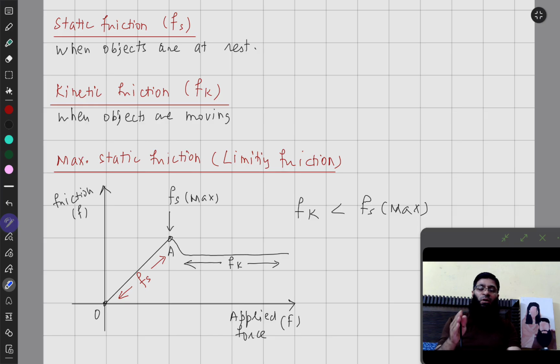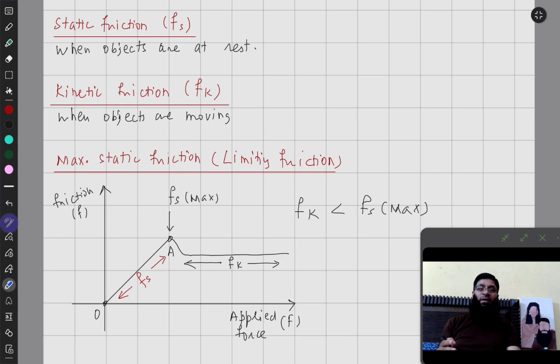It means that the molecules and the atoms of both surfaces are not joined with each other. So in that case, there will be less friction as compared to the case in which the particles or molecules of both surfaces are joined. So you can see that the kinetic friction is always less than the static friction. This is a small diagram to understand the relations between static friction, kinetic friction, and maximum static friction.